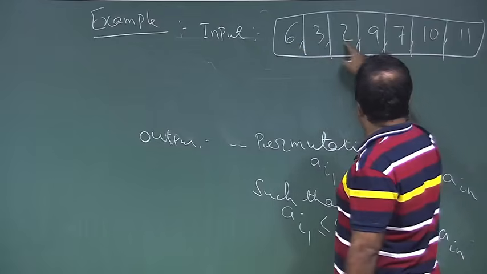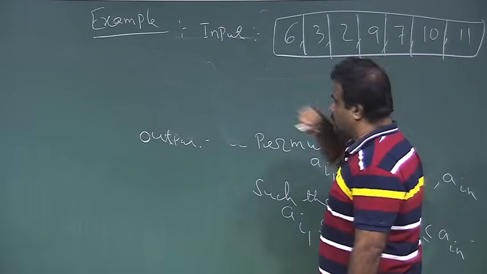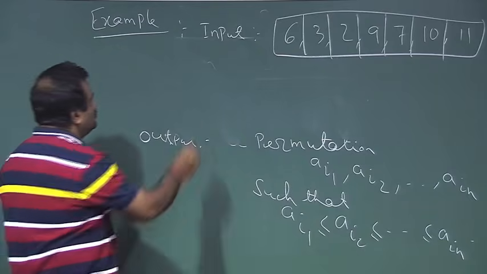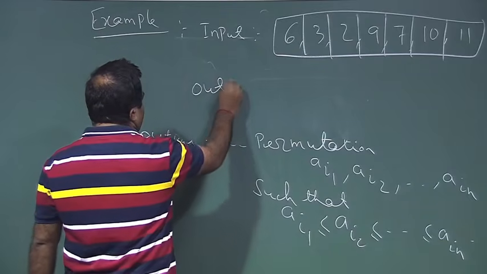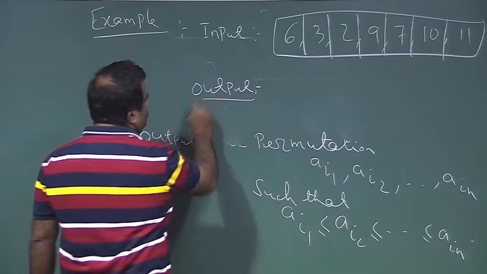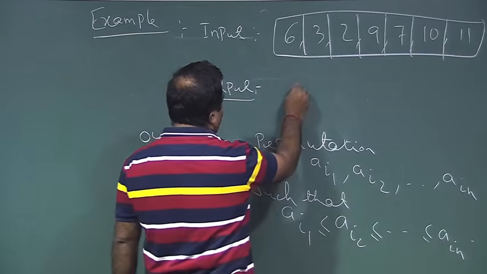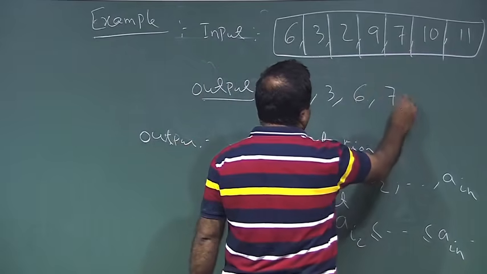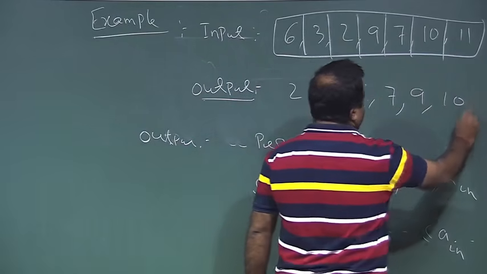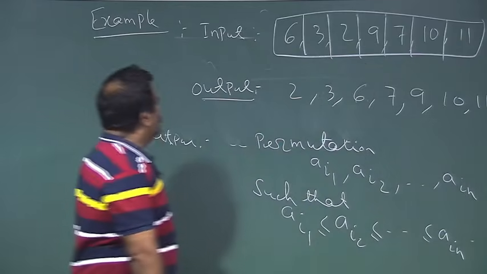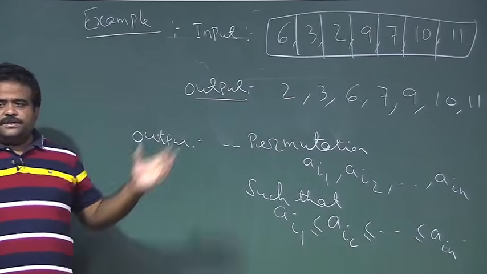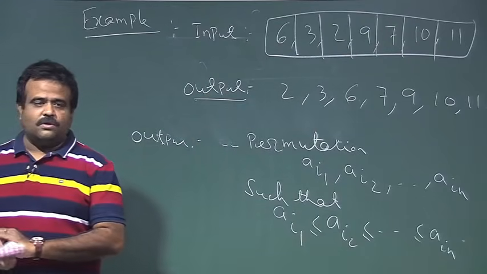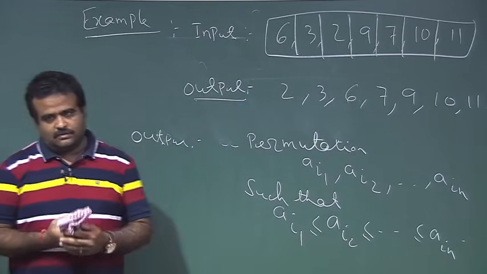We have 7 elements, so an array of 7 elements, A1, A2, up to A7. After sorting, the output will be the sorted one. It is basically a permutation of it: 2, 3, 6, 7, 9, and so on. We should get a permutation which is sorted. This should be the output of any sorting algorithm.